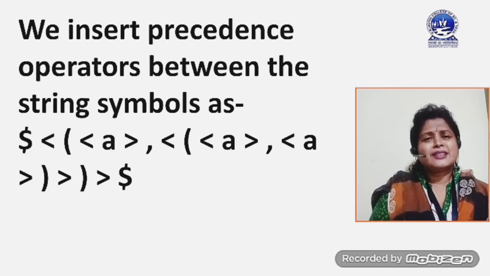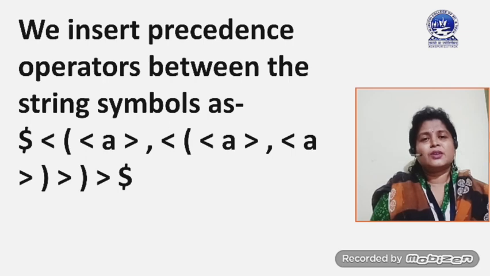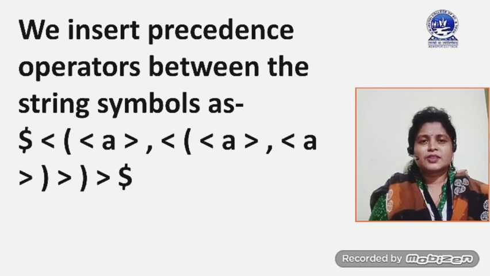It is very simple to understand, you need not worry, because you just remember one thing: identifiers have higher precedence in comparison to any other symbol. This is the first rule.